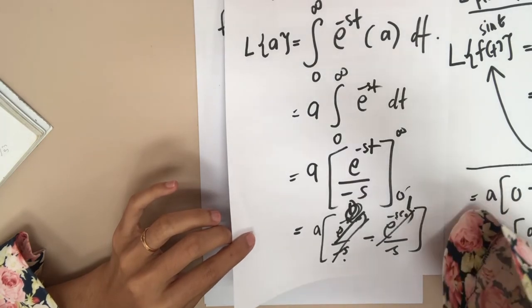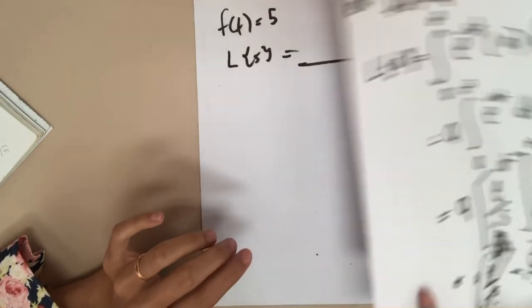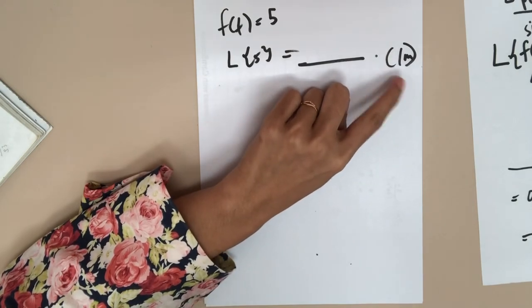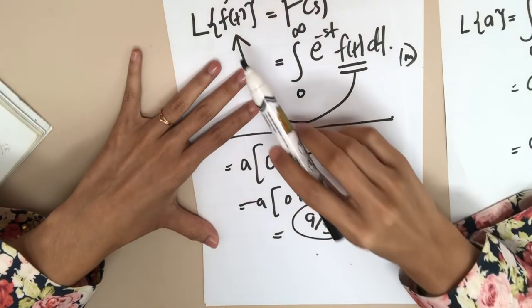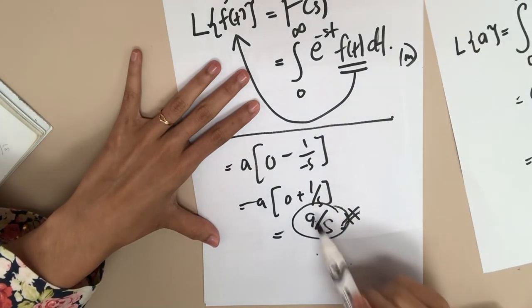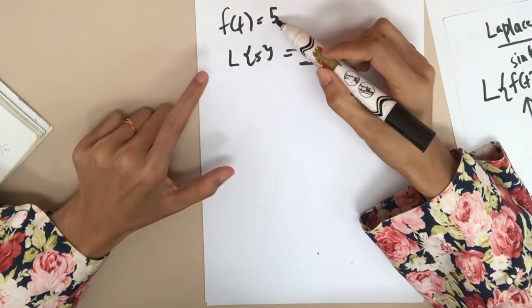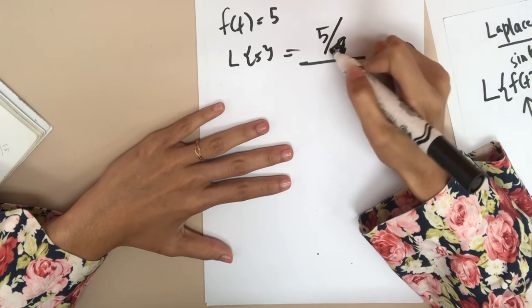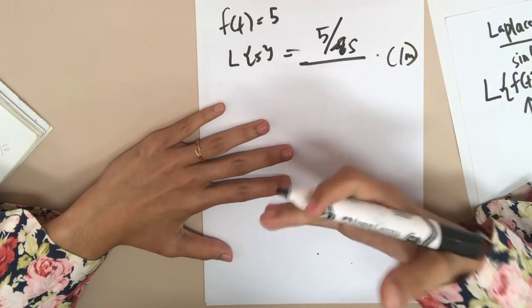There must be a direct answer, no need to use all this. Yes, if the mark is only 1, and you already showed before that the Laplace transform for a constant a is a over s, then if your a now is 5, the final answer is 5 over s. Okay, get what I mean?